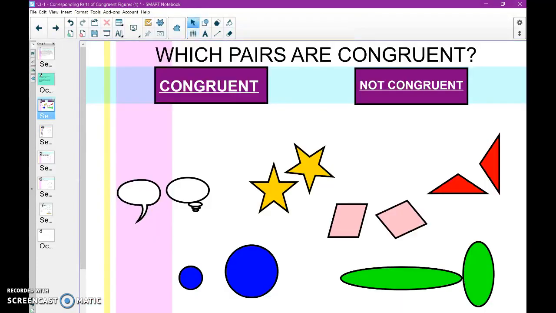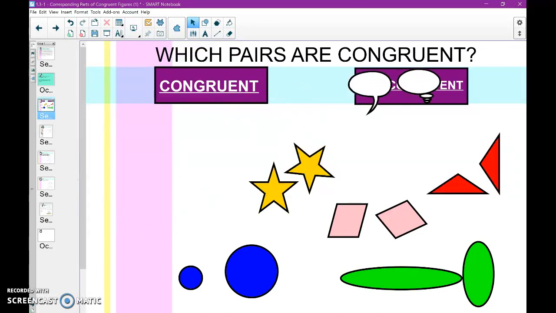In class, we did a little activity matching up which set of shapes goes into which category. Hopefully you can visually tell where these might go, but I do want to talk about them briefly. If we look at this one over here, we've got similar sizes, but they're two different shapes. One of them's like a thought bubble, one of them's a talk bubble, so that's definitely not congruent.